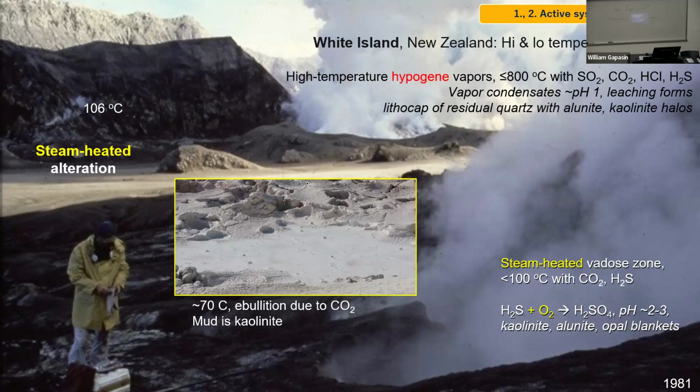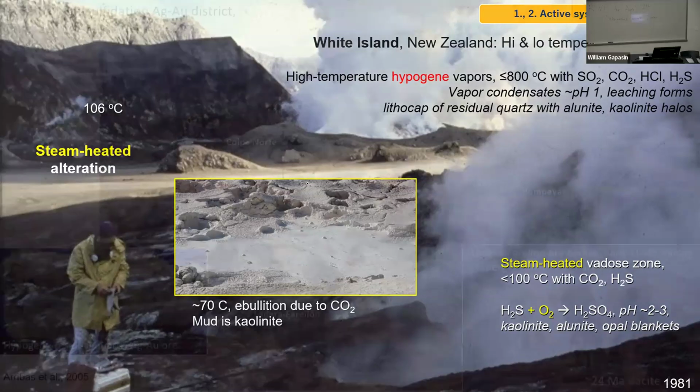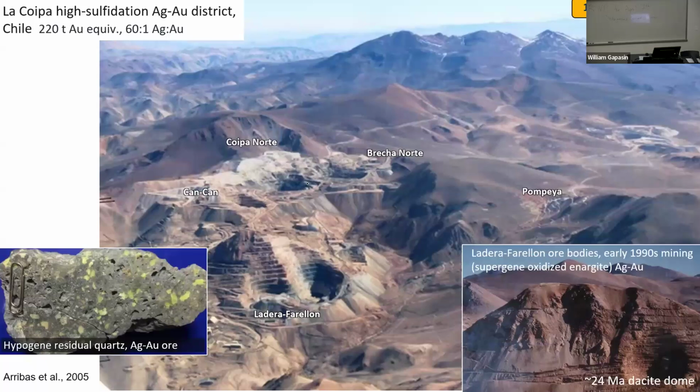Same alteration. Well, we go to La Coipa in central Chile, just north of the main Maricunga district. And here we see the 24 million year dacite dome, leached residual quartz, sulfides switching to oxidized through here.